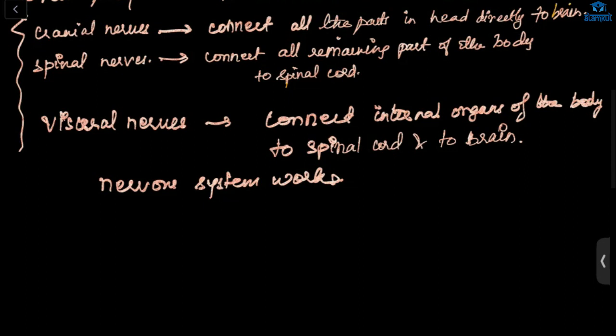It will respond through the motor neuron, the muscles. In this complicated situation, with thinking capacity, brain and spinal cord both will be involved. But in the case of a simple thing, like touching something hot, at that time only the spinal cord will be involved. Okay, got it, Shahzan?